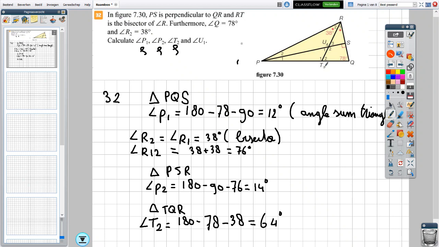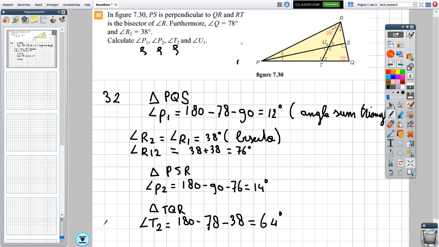But I see another one which I could use. I could also calculate U4 by taking the angle sum of PUR and take the straight angle here. Or I could even calculate U3, because I know this one is 90 degrees and this one is 38, and then use the opposite angle rule, right? I think I'm going to use that one. Not because it's better than the rest, but because I haven't used the opposite rule yet. So again, use the one that you see quickest and which doesn't involve too many extra steps.